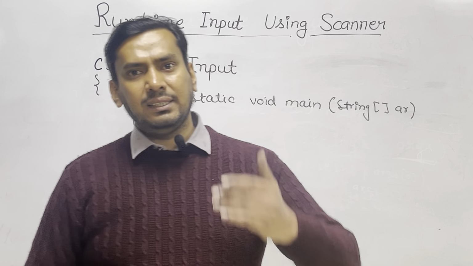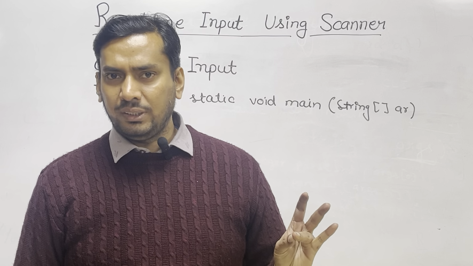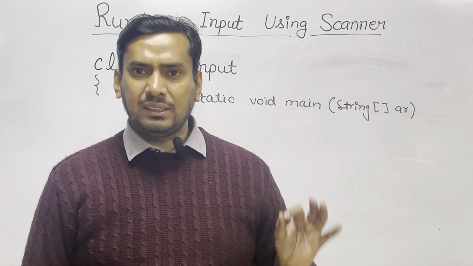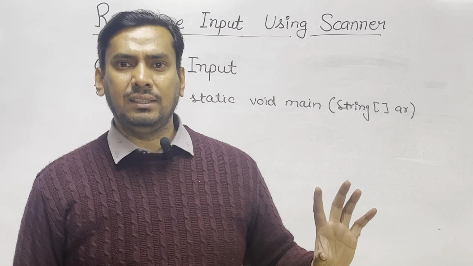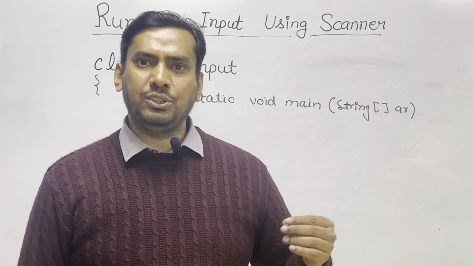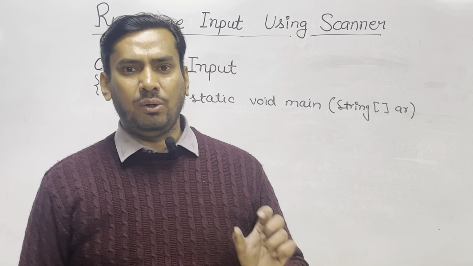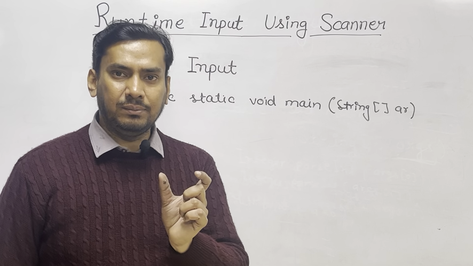So in this way there is a separate method: nextByte, nextShort, nextInt, nextLong, nextFloat, nextDouble. These are the 6 methods. Then nextBoolean. Then there is a method next, only next, which is used to read a single word.